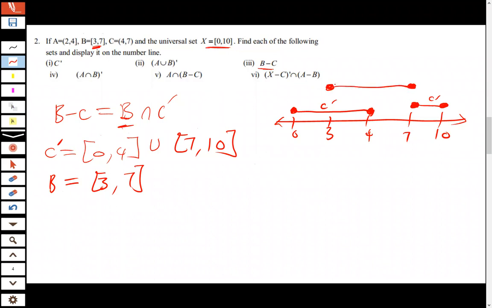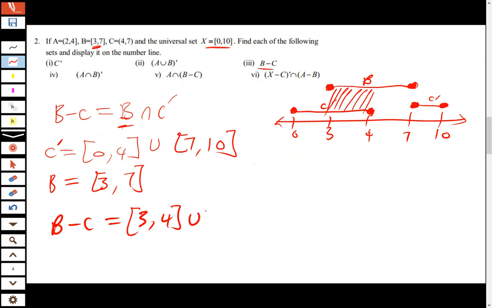From there, you can find the common parts, where the lines are intersecting. The only region where these two lines are intersecting is this part, but there's also this point where they intersect. So we're finding B minus C, which will be equal to this region: [3,4], closed on both ends.